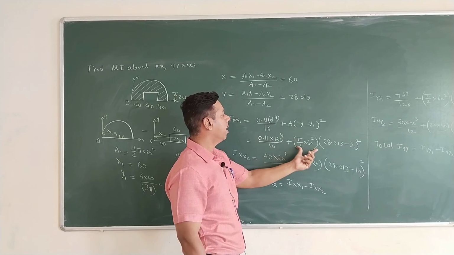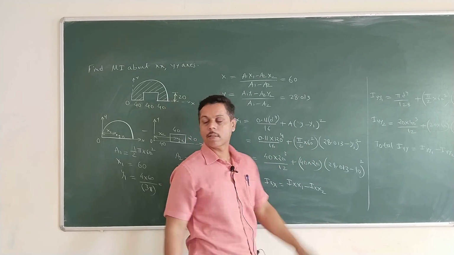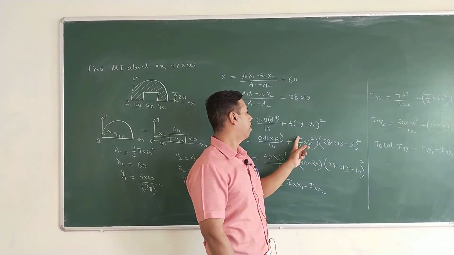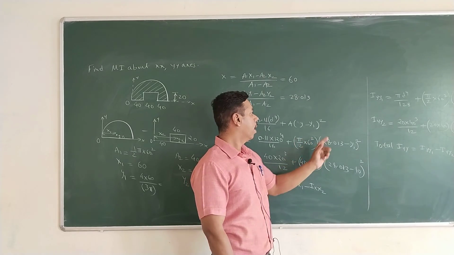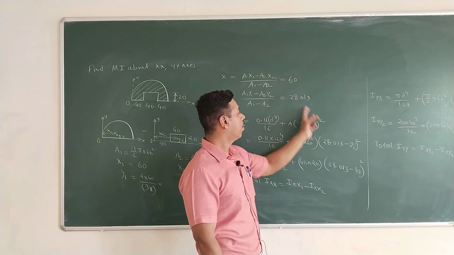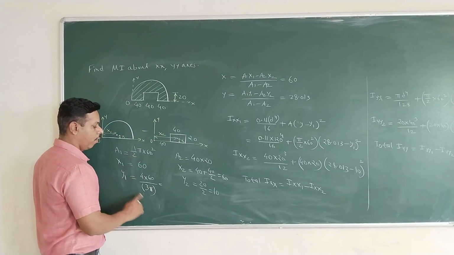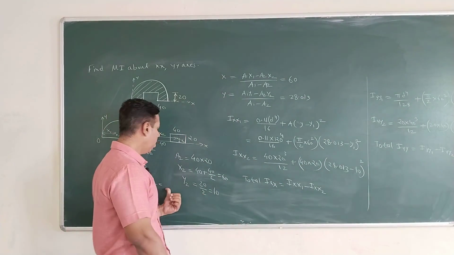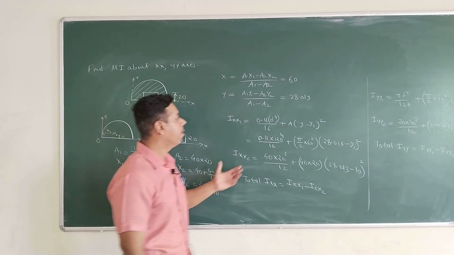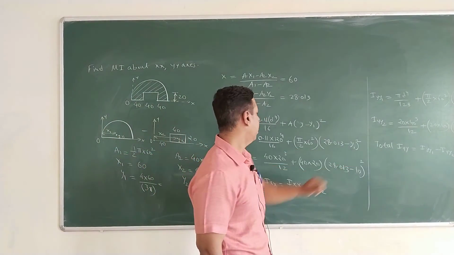And then the area is pi by 2 r square, because this is a semicircle, pi r square divided by 2, and then y is 28.43, and y1 we take from 4r upon 3 pi. So find y1, it is approximately 25, put it over here, right?